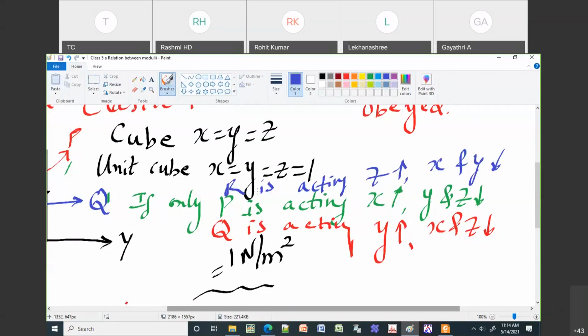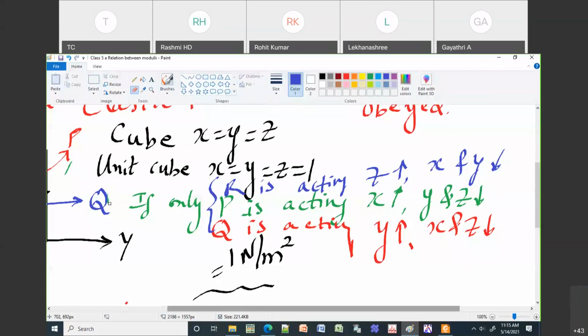So this is the effect of your forces when they are acting individually. Individually means if only P is acting, then X is increasing, Y and Z are decreasing. And if R is acting, then Z is increasing, and X and Y are decreasing. This is when any one of your forces is acting.